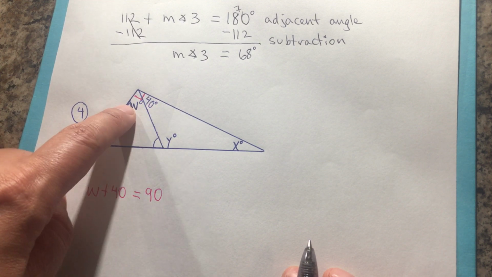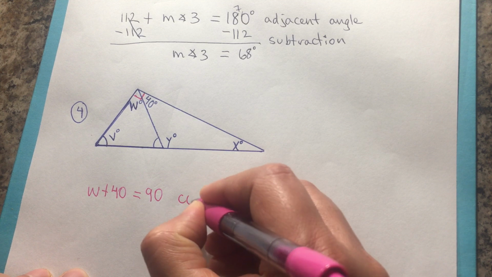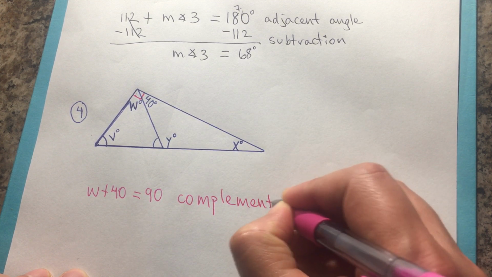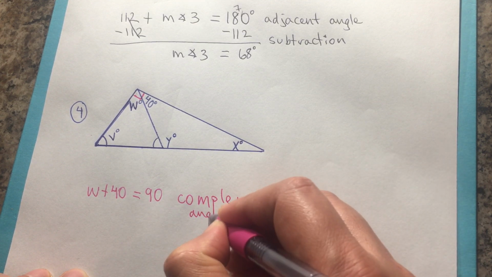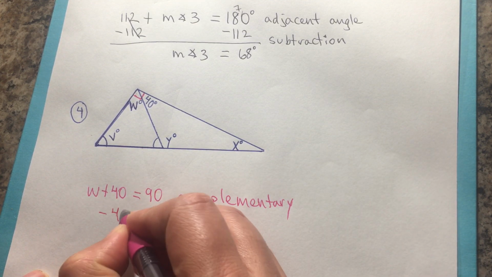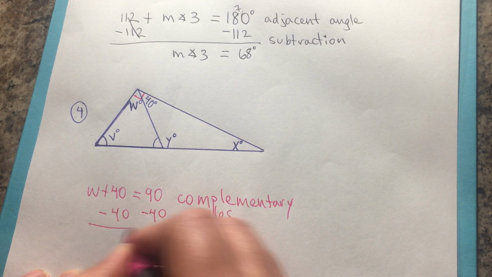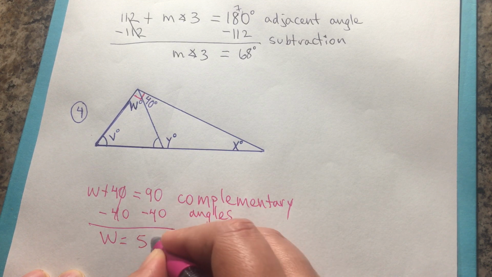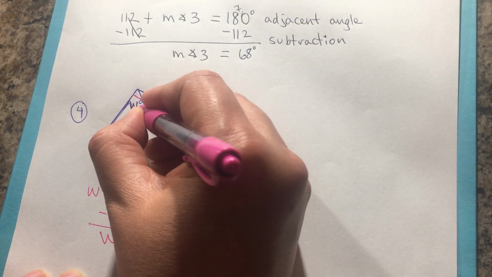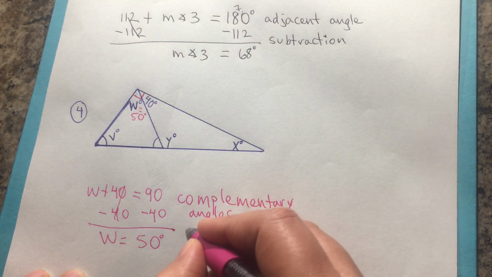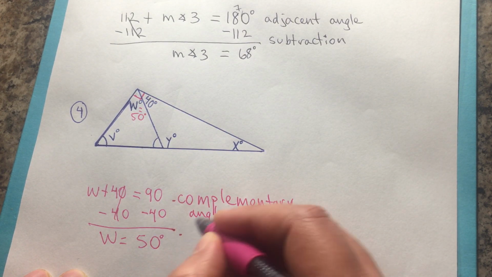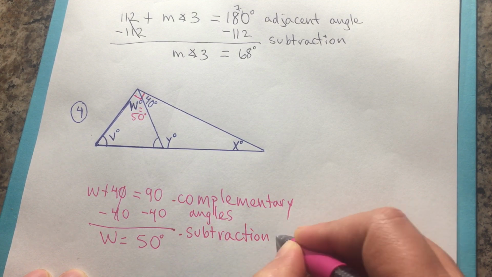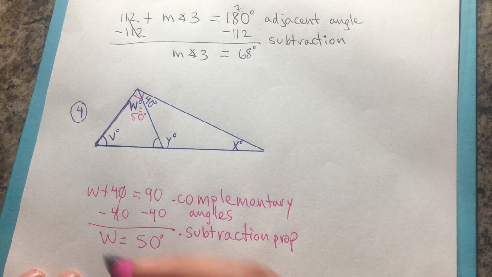And these two angles make a pair of complementary angles. We eliminate 40 by, or cancel by subtracting. And so W is equal to 50 degrees. That's because of the subtraction property. Okay, so we found W.